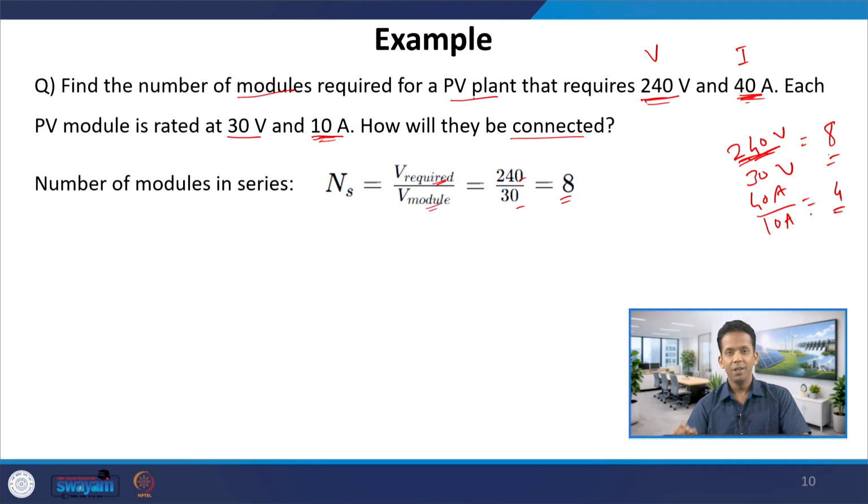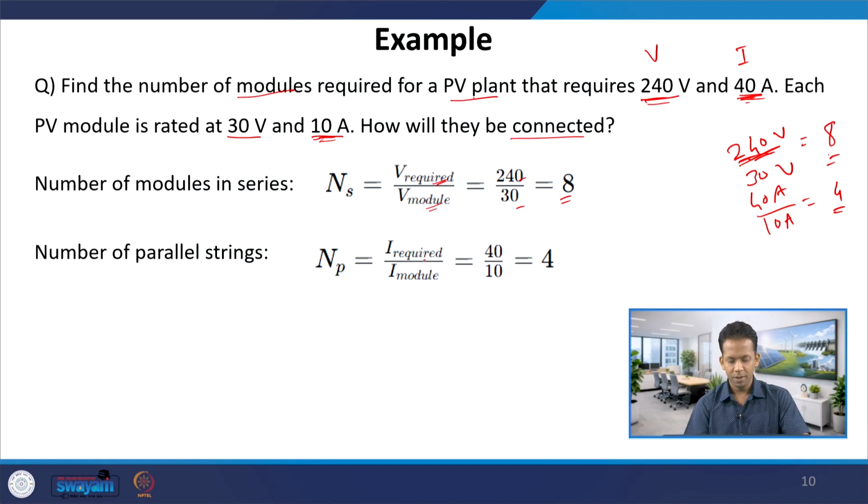So, we will need 4 modules in parallel to achieve 40 ampere because one module is able to give only 10 ampere. So, the number of parallel strings is required current by module current, 40 by 10, which is 4. So, number of modules in series is 8, and the number of parallel strings of these 8 is 4. So, the total number of modules would be how much?